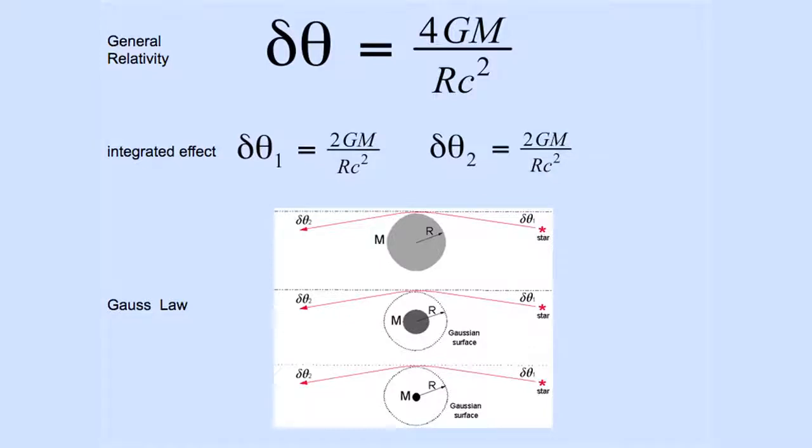So you take the general relativity equation, which is the light bending, 4GM divided by Rc squared. That is the bending predicted by general relativity in units of radians. You can convert that to arc seconds: 2 pi radians is 360 degrees, and 1 degree is 3,600 arc seconds. You work out the mathematics. That first equation should get you 1.75 arc seconds.